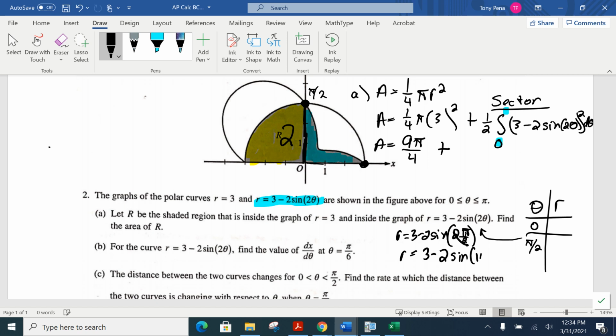The 2's are going to cancel. And then kind of think this through. Isn't the sine of pi, the y coordinate at 180, also 0? So you're going to get 3 minus 0. So that also gives us a radius of 3. That then tells us that those are in fact our limits, 0 to pi over 2.